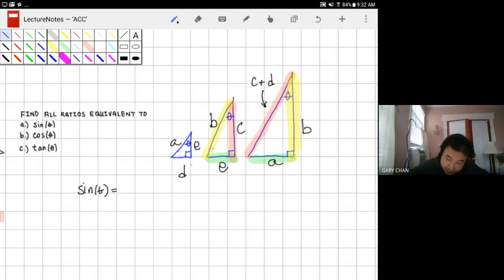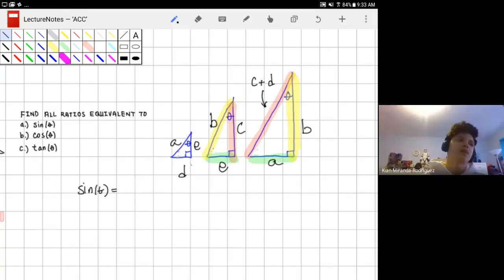Let's say for the small triangle right now, what is sine theta going to equal? Kian, the other day, do you remember what the ratio for sine was? Is it opposite over adjacent, adjacent over hypotenuse, or opposite over hypotenuse?